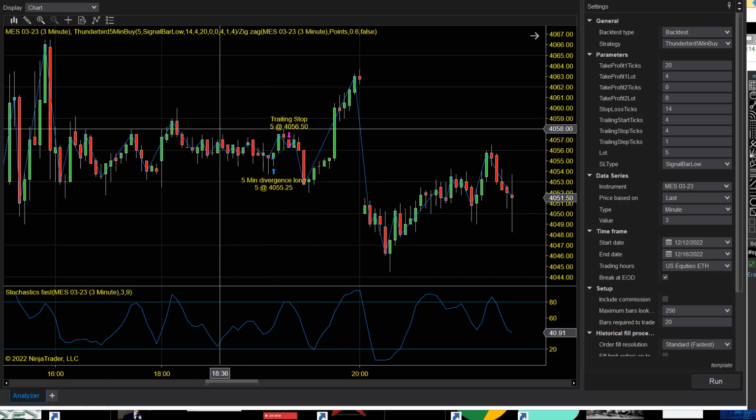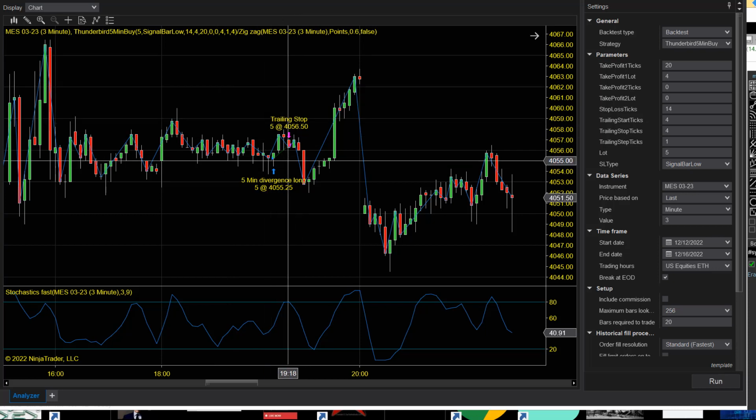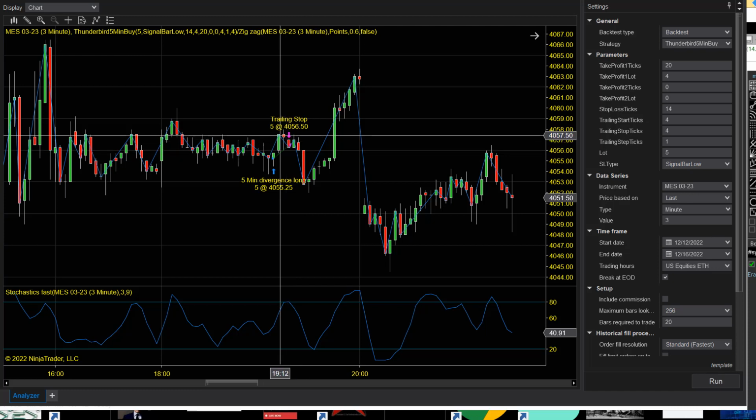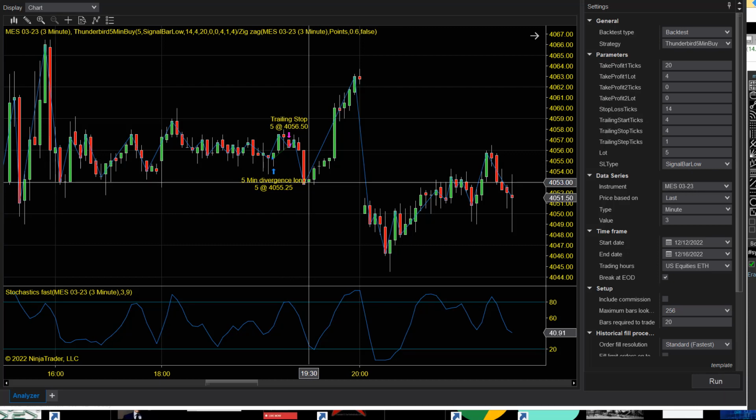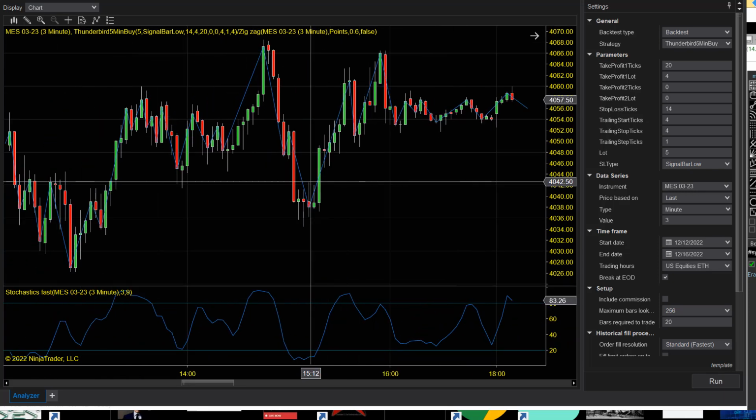So you can see that divergence here from this low to this low, and that's why this came in and it moved up. It took out 1.25, and then it just took profits on that. It came back down quickly. I wouldn't even consider this a trailing stop. We see this a lot.